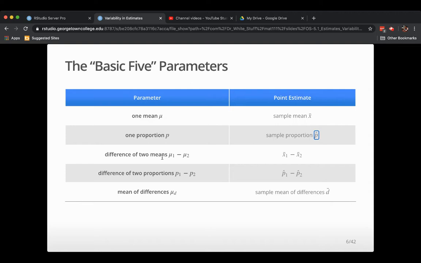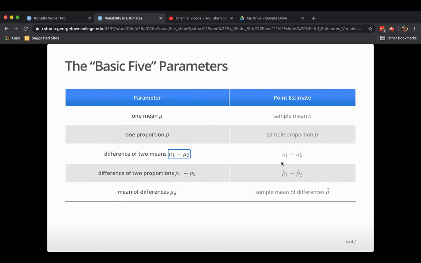Sometimes you're interested in 2 populations and may be interested in comparing their means, the mean of one population minus the mean of the other. Maybe mu1 is the mean of the first population and mu2 is the mean of the second, and you're interested in knowing what mu1 minus mu2 might be.